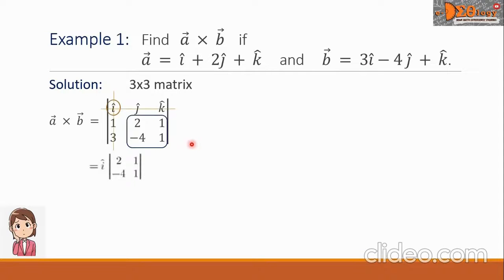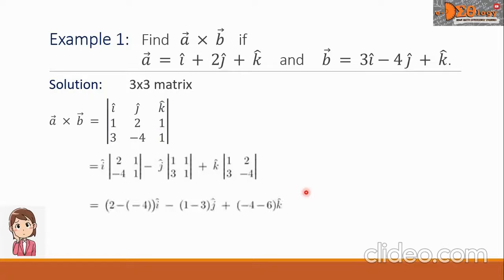Now let us write i multiplied by the square matrix 2, 1, negative 4, 1. Then minus for the j multiplied by the square matrix 1, 1, 3, 1. Then plus the element k multiplied by the square matrix 1, 2, 3, and negative 4. Then let us evaluate the respective determinants.